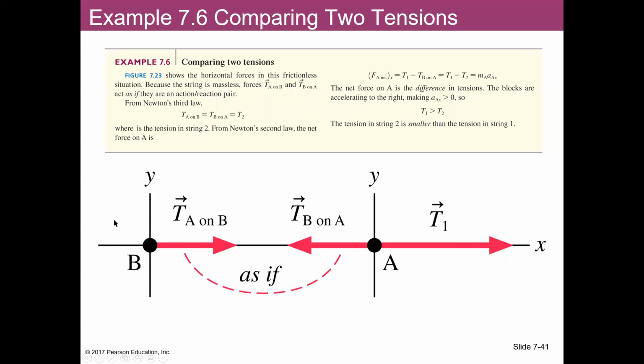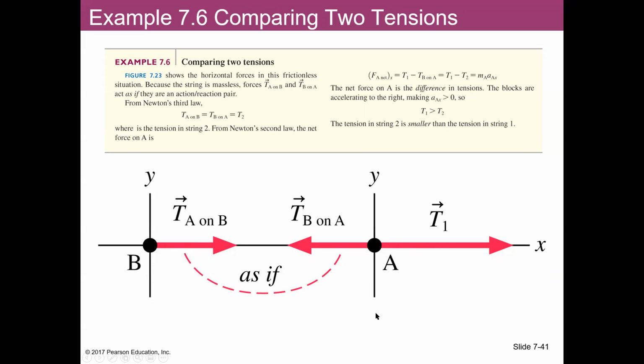You have to make sure you understand that the thing that's the same between these two is the acceleration. And since the acceleration is the same between the two, then block B will have a larger net force. In fact, the net force on B will equal T2, and the net force on A is the difference between T1 and T2, which by definition is smaller than T2.